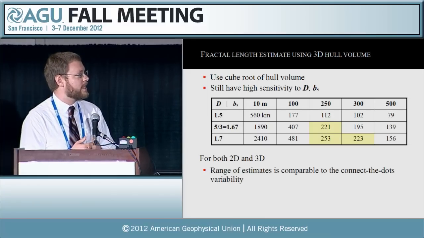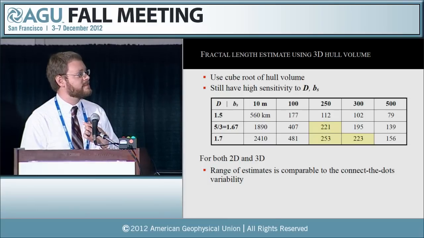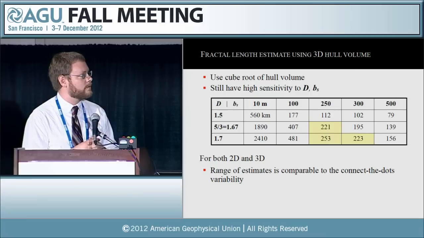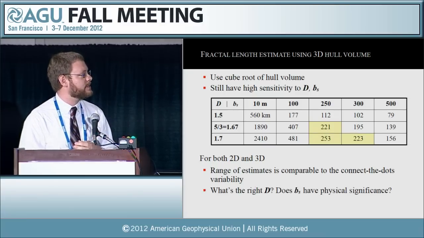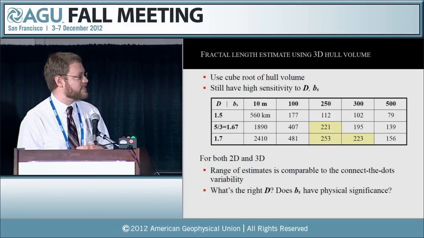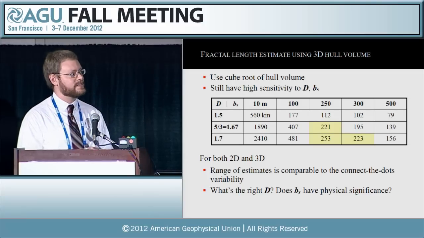So for both 2D and 3D, there's a range of estimates, and that range of estimates for some plausible box sizes is comparable to the connect-the-dots variability. And so we're still left with this question: what's the right dimension, and does the box size have physical significance?